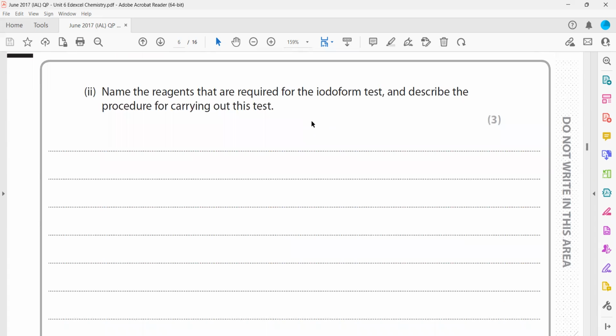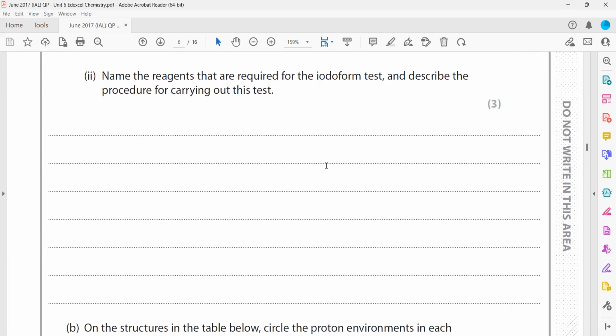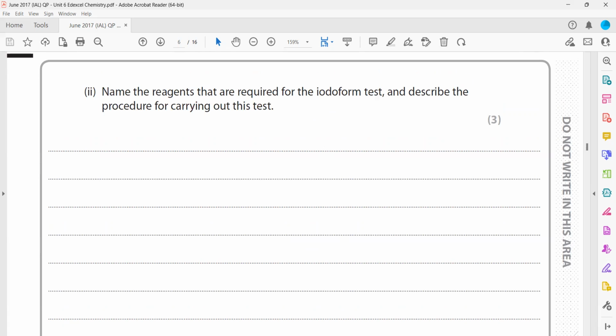Then name the reagents required for the iodoform test and describe the procedure to carry out this test. So you have to write how this test can be done. We usually use an aqueous iodine solution, mainly iodine in potassium iodide, and we use sodium hydroxide or potassium hydroxide.